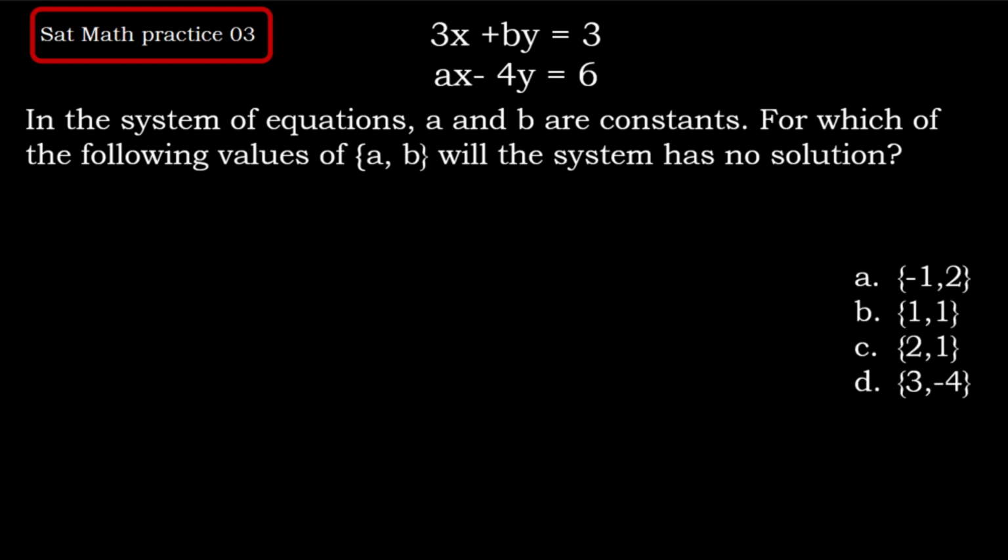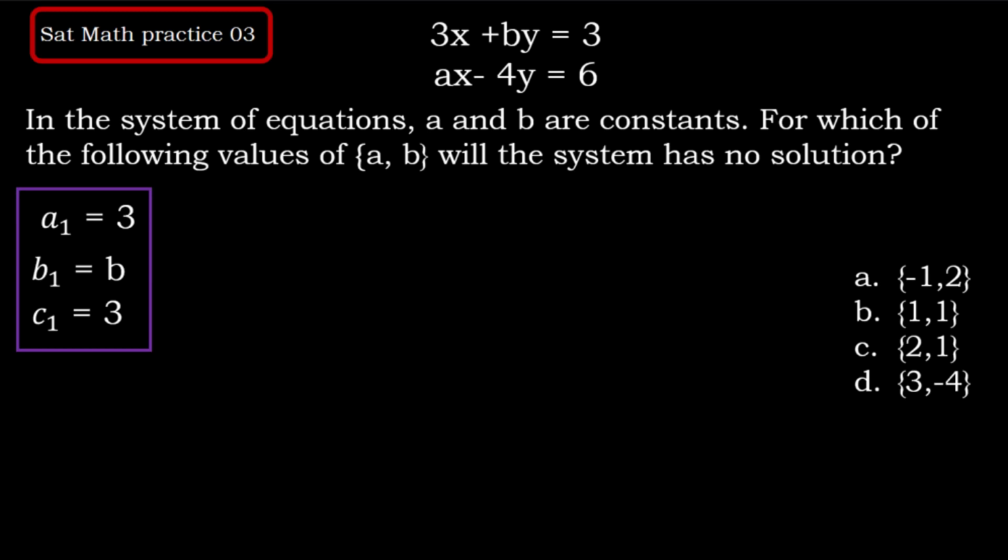Now he is asking about the values of a and b which make the two equations have no solution. Now write the coefficients a sub 1, b sub 1, and c sub 1 for the first equation: 3, b, and 3. For the second: a, negative 4, and 6.